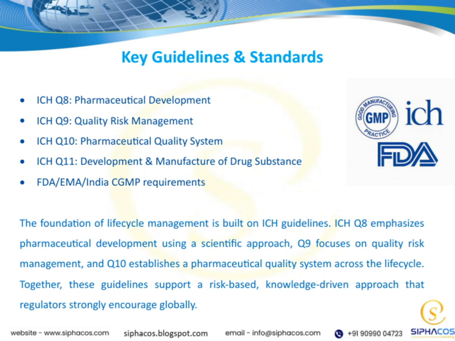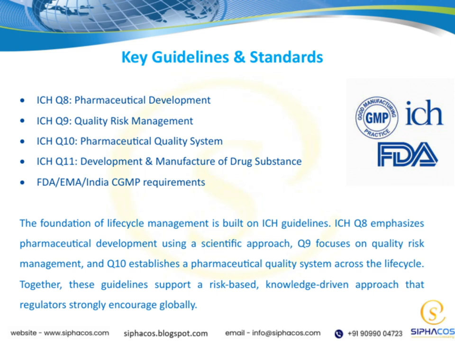Then we have ICH Q10, which establishes a comprehensive pharmaceutical quality system. This system integrates all quality-related activities and ensures consistent product quality over time. It emphasizes a holistic, risk-based, and knowledge-driven approach, something regulators worldwide strongly support. Connecting these guidelines is key. They collectively promote a lifecycle management strategy that's scientific, risk-based, and transparent.